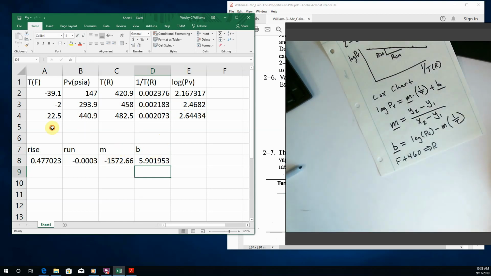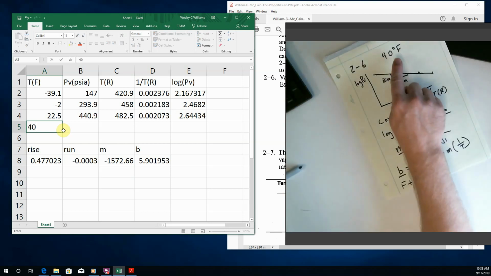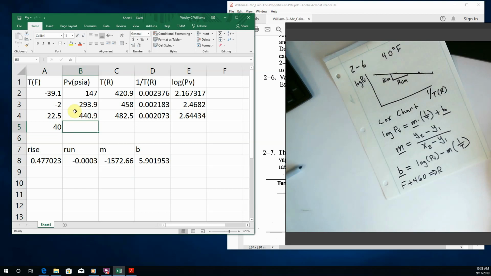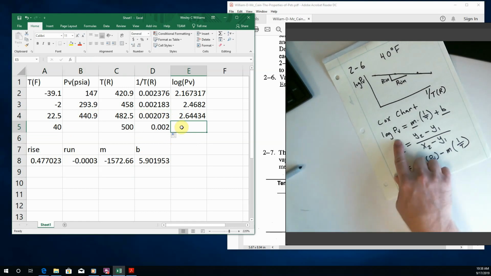And now we want to make a new prediction. So our prediction is at 40. That's what our question is saying, 40 Fahrenheit. So I can copy this cell down and give us our values. Now I need to calculate this. I can calculate that with this equation now.